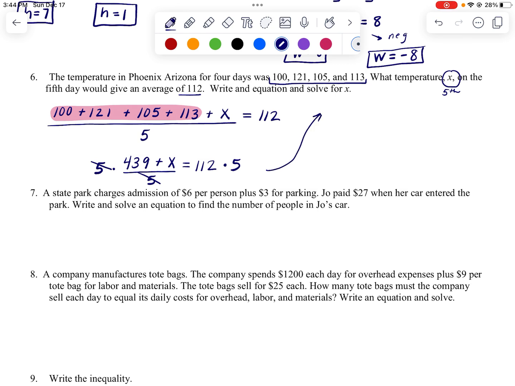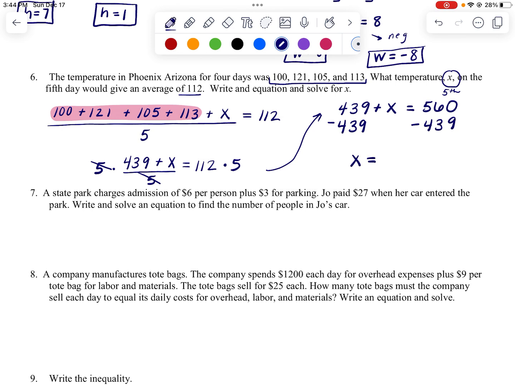And then I'm going to show my work up here. So I'm left with 439 plus x is equal to, and then 112 times 5 is 560. And then our last step is to subtract.